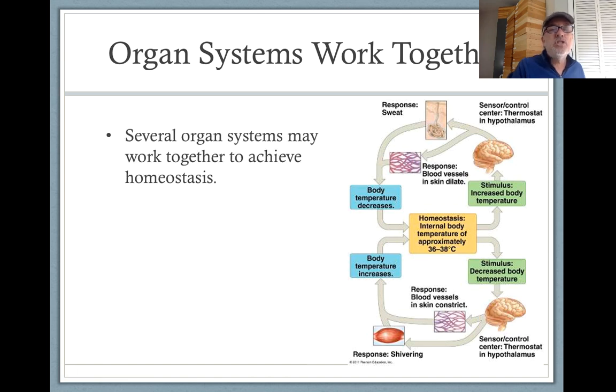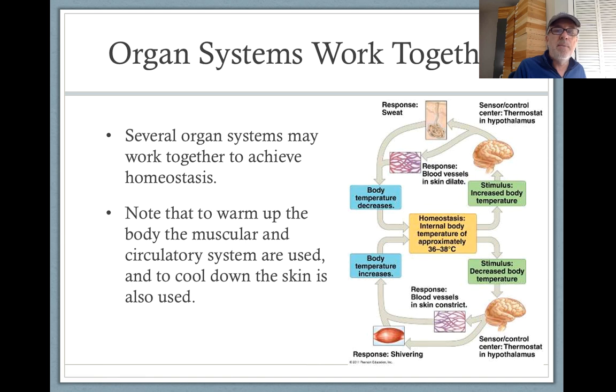Finally, organ systems work together to achieve homeostasis, and here's a diagram of it. To warm up the body, the muscular and the circulatory systems were used together. To cool down the body when it gets too hot, the skin is used as well as the nervous system. So you can use this diagram and follow a pathway here. Increased body temperature, brain senses it.